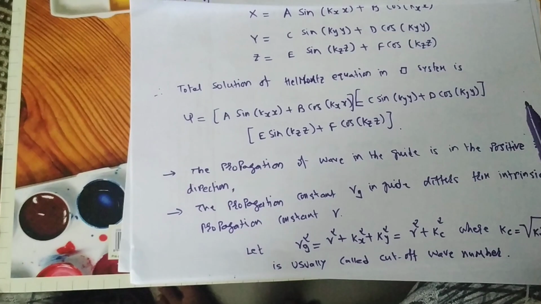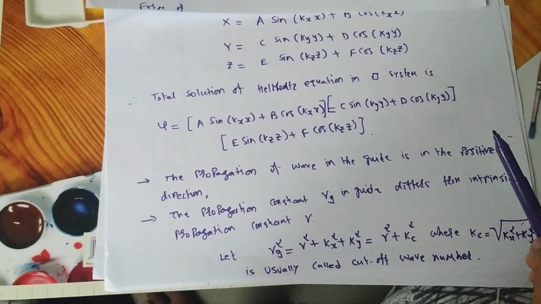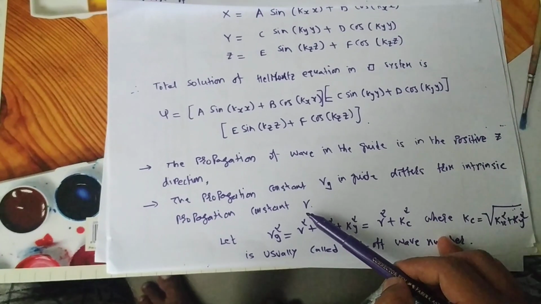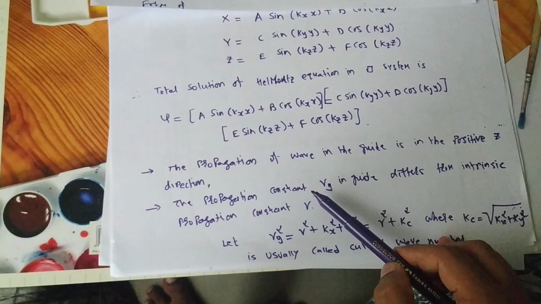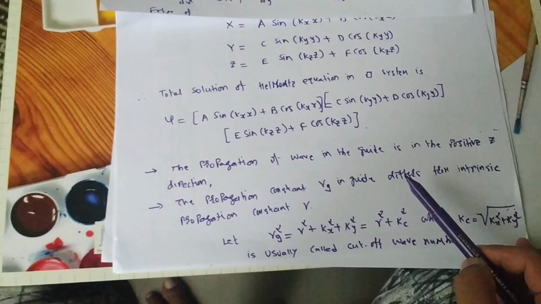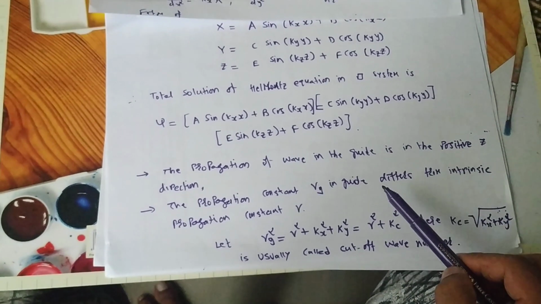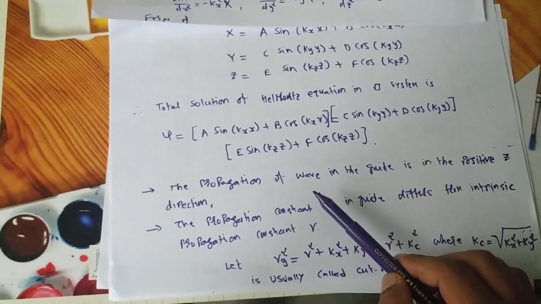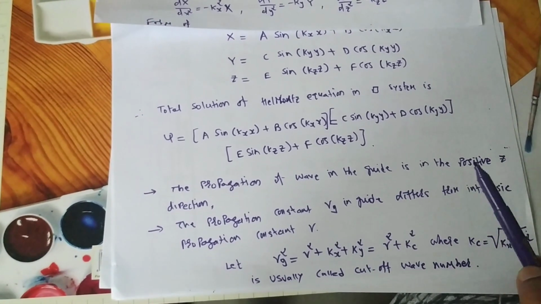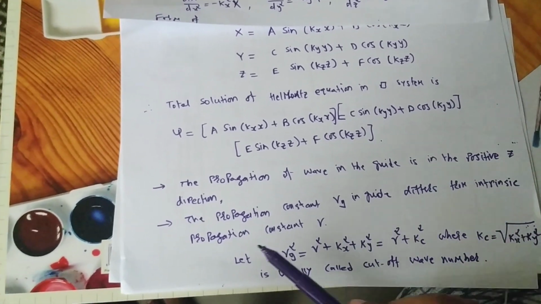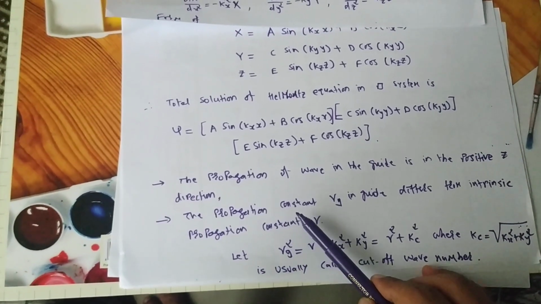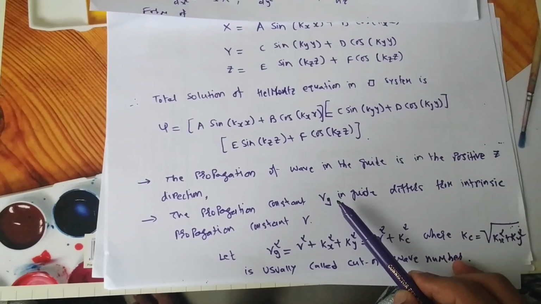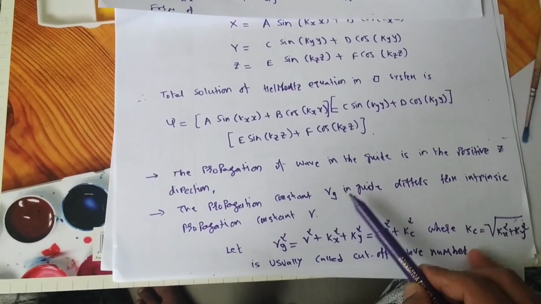As we know, in a transmission line we defined the propagation constant gamma, but here the propagation constant gamma g will be different from that intrinsic propagation constant. If we assume the wave propagates in the positive z direction, let us define the new parameter, the propagation constant gamma g in the guide.